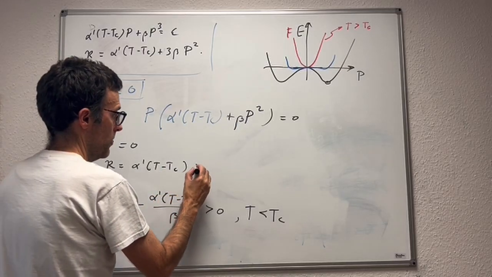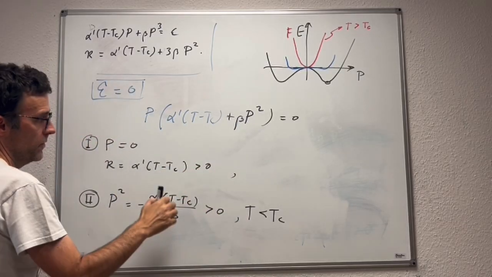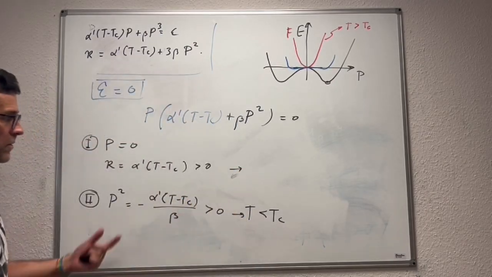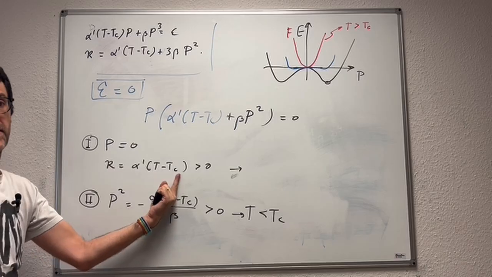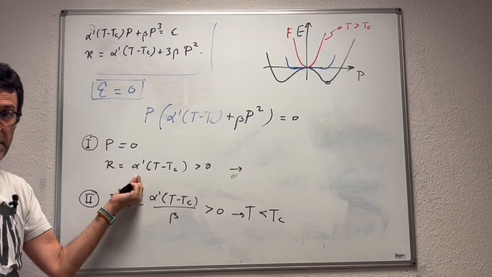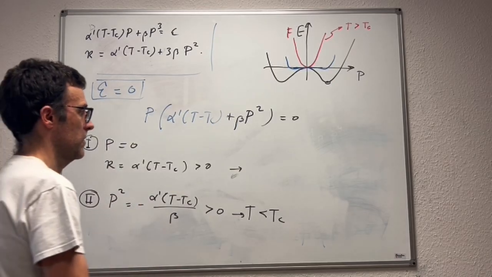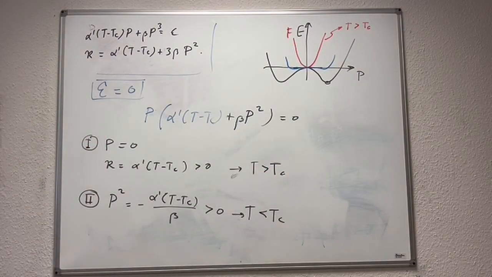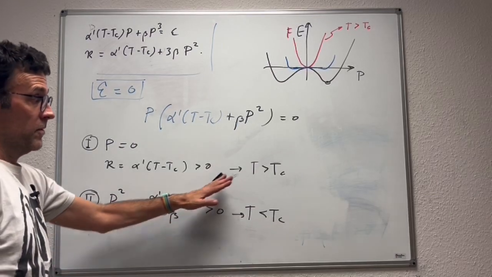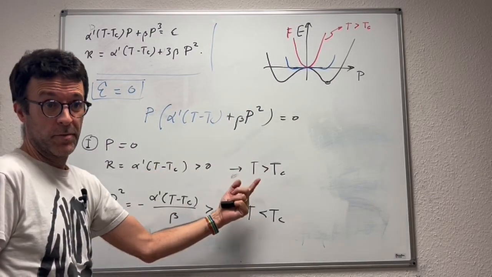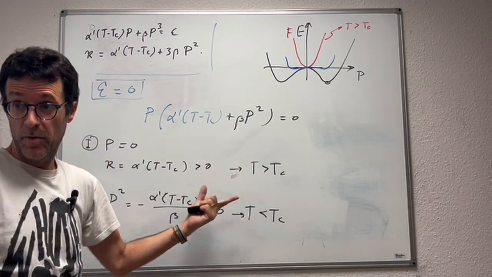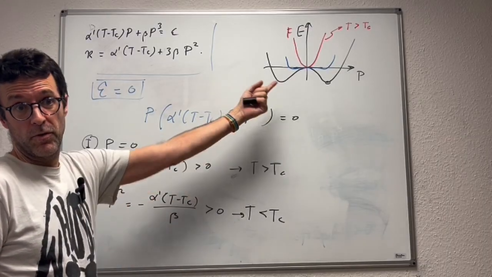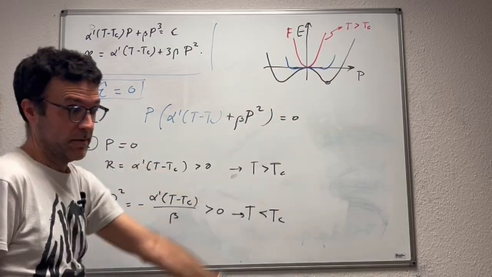So this has to be positive, and this happens for T bigger than Tc. Again, alpha prime is a positive constant. So we have a very interesting situation already, because for temperatures above the transition point, there is only one possible solution. It's a minimum, that's good, which is the solution with P equal to 0, which we already knew graphically.